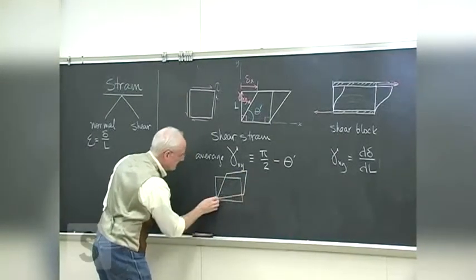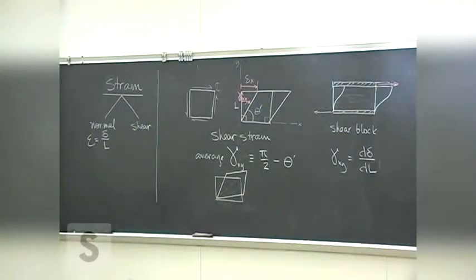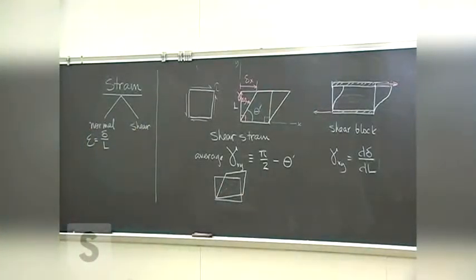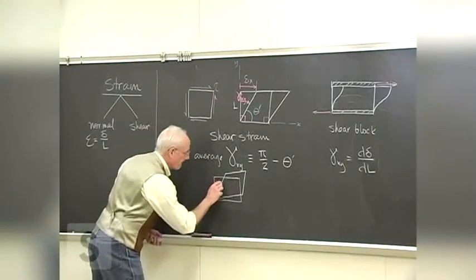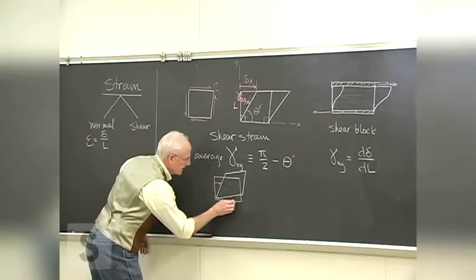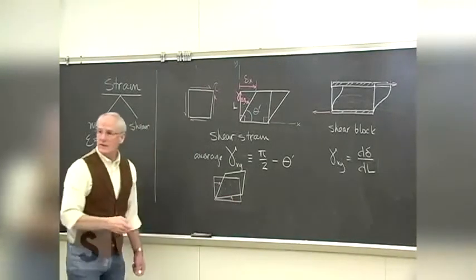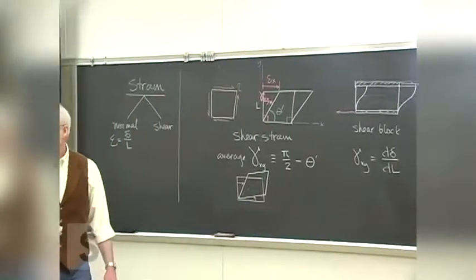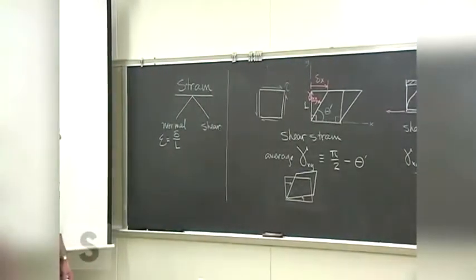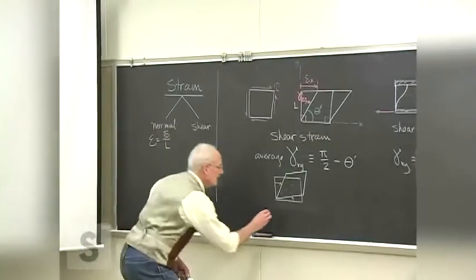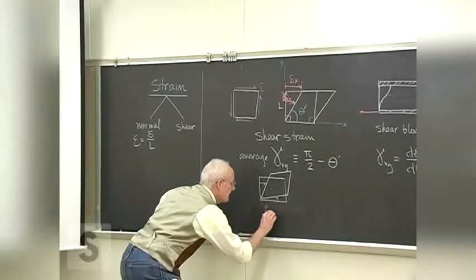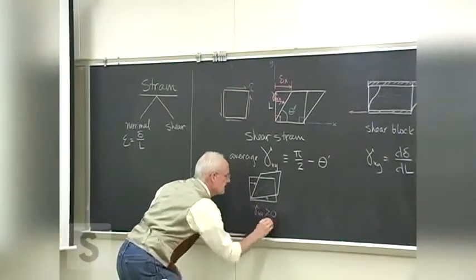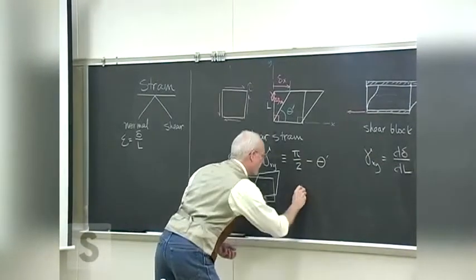Is that better? Yeah, that's an awful lot better. Anyway, half of the strain is there, half of the strain is over there. They may not be the same, depending upon what the piece is itself. This is a positive strain.